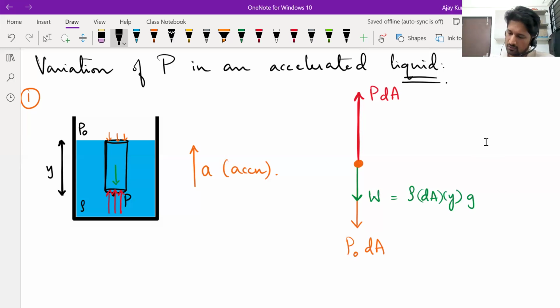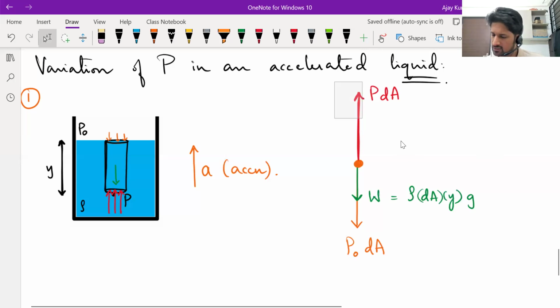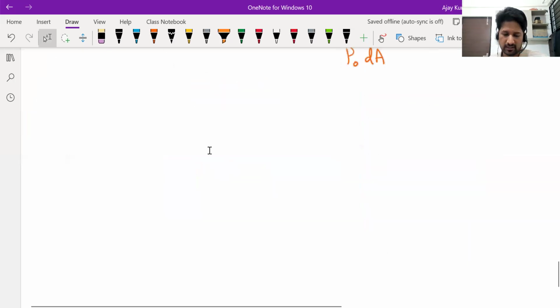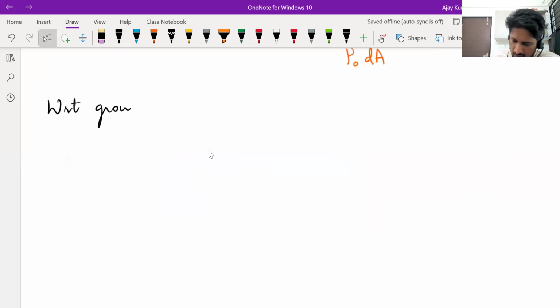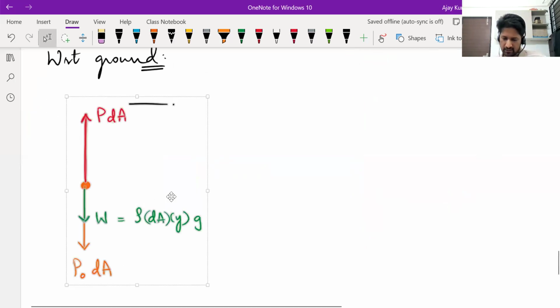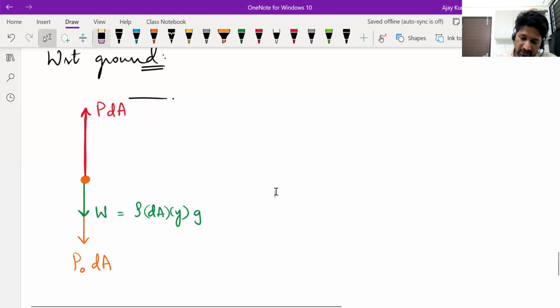Okay. So with respect to ground, these will be the forces acting on that part of the liquid. With respect to ground, you don't have to consider any pseudo force. And with respect to ground, along with the container, the liquid is also accelerated.